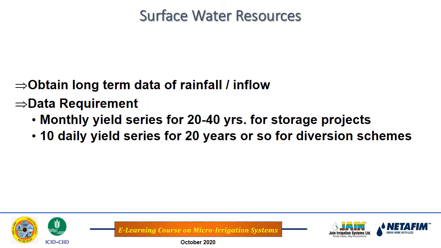In case of surface water, if we are planning, we need to obtain long-term data of rainfall and inflow of the river stream. Then the data requirement: if it is a storage project, we need a monthly yield series for 20 to 40 years, and if it is a diversion scheme, we need a 10-daily series for 20 years or so.